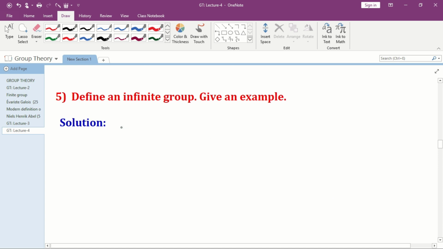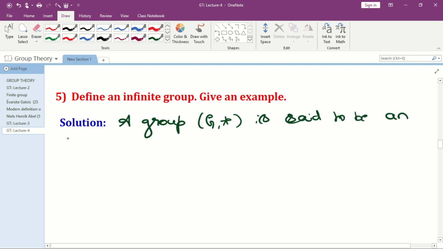Similarly, a group G star is said to be an infinite group if G is infinite.